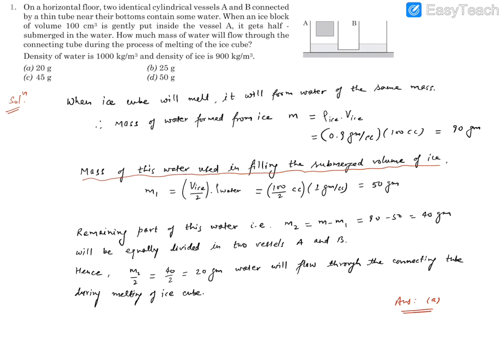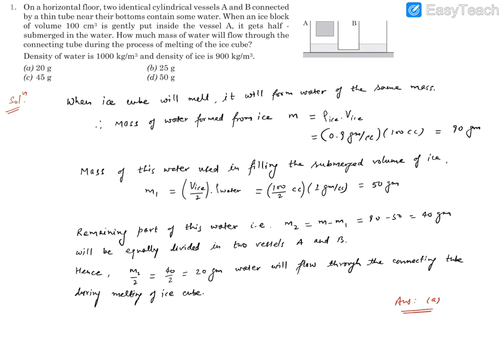That is going to be equal to the displaced volume into the density of water. Now the displaced volume is half of the volume of ice as I said, and the density of water is 1 gram per cc, so it's going to be 100 by 2 into 1, that is 50 gram. That means 50 gram of water out of 90 will go into filling the displaced space, the space that has displaced water earlier.